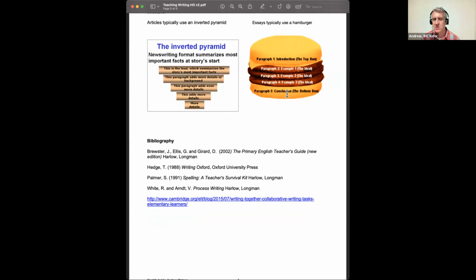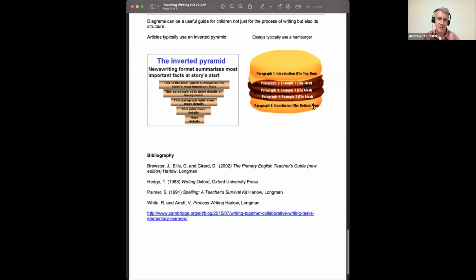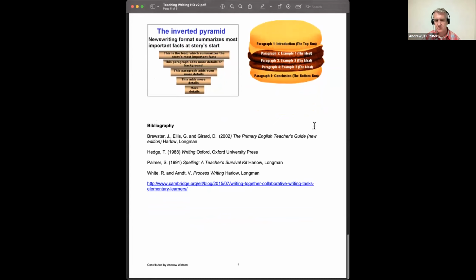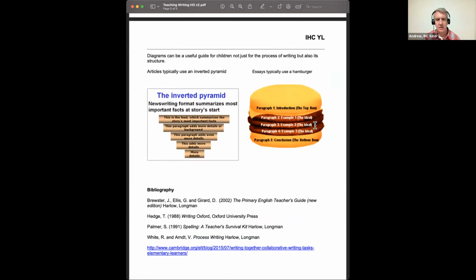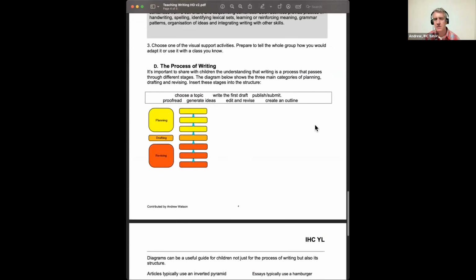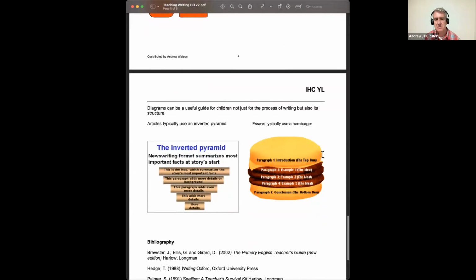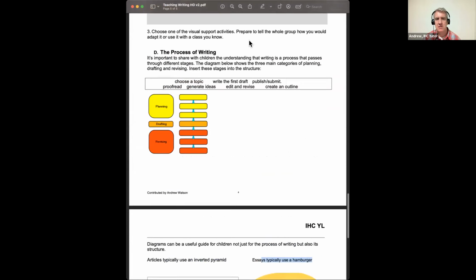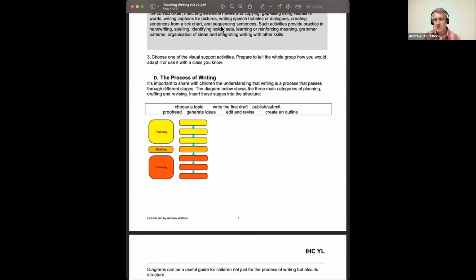And then there's a conclusion at the end, which refers back to the introduction. But obviously these ones would be for older learners, maybe teenagers. All right.